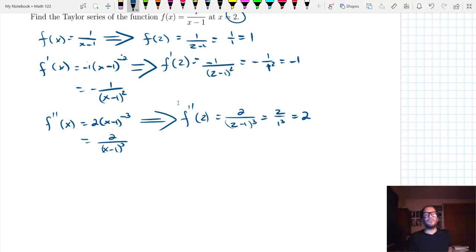Of course, we don't have to go all the way to 5 derivatives or 6 derivatives or 23 derivatives.